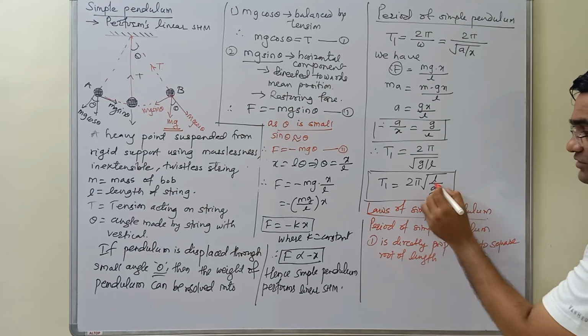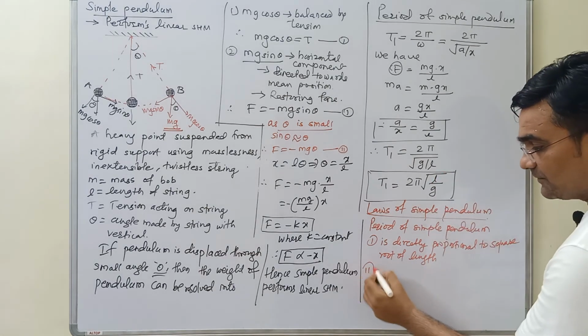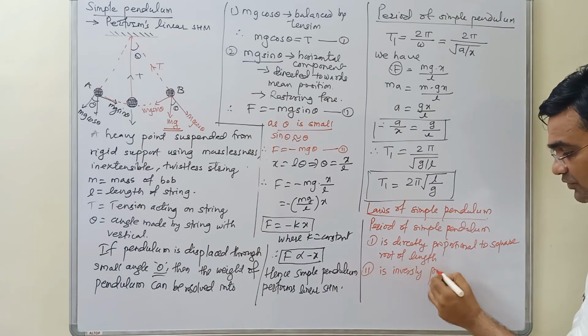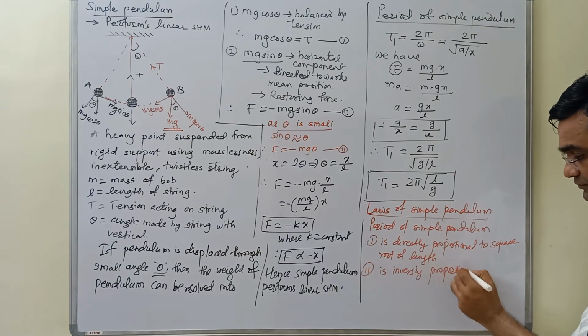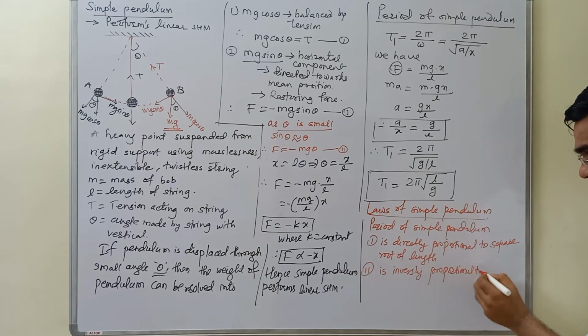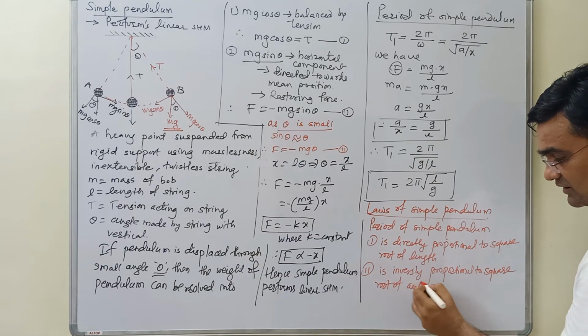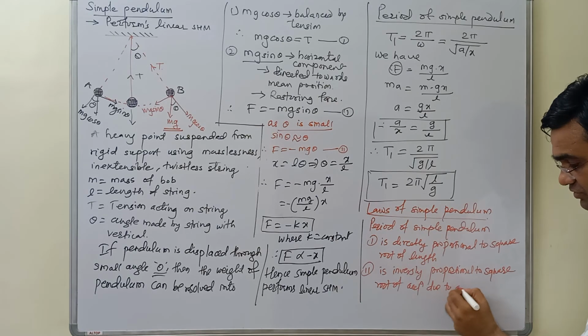Directly proportional to what? Square root of length. Second law is what? Inversely proportional to the square root of acceleration due to gravity. Okay.